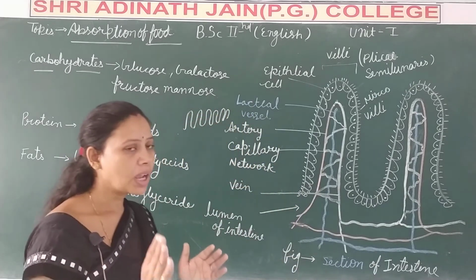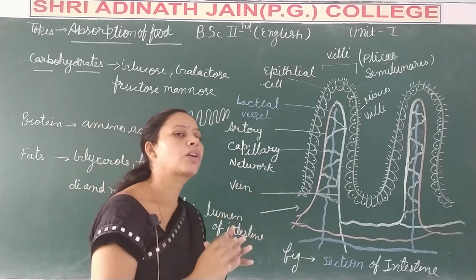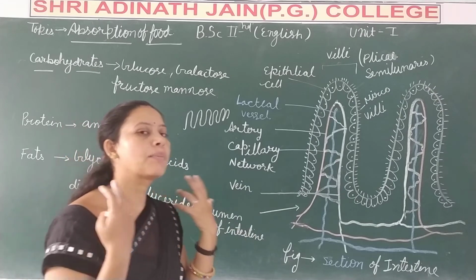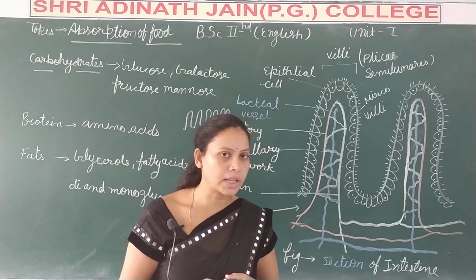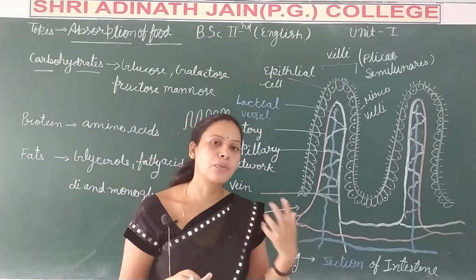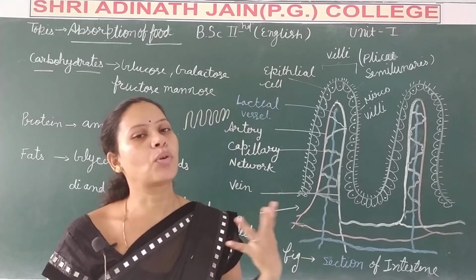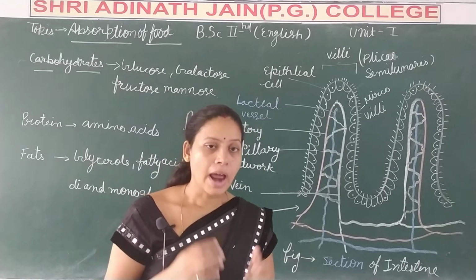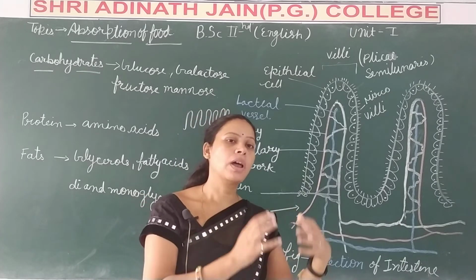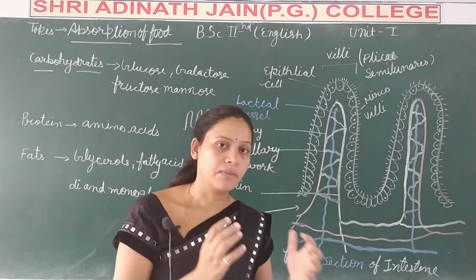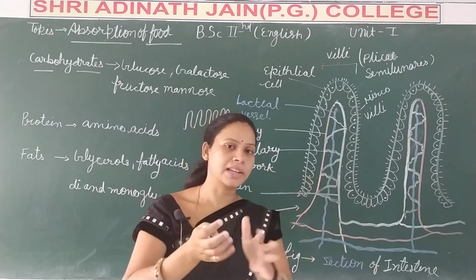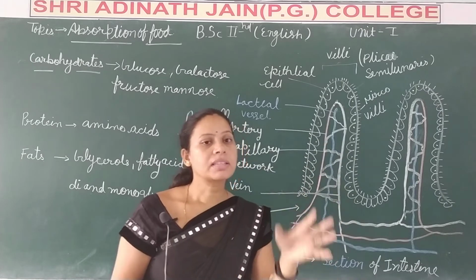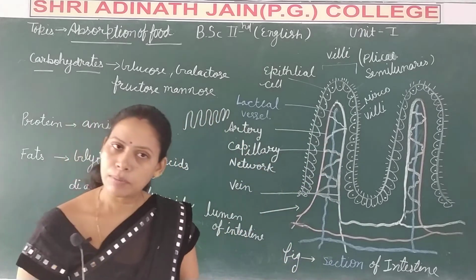Okay, the end products of the food materials. The food is a mixture of complex food material, in which carbohydrate, protein, fats, minerals and water are present in a complex structure. When the food is digested, the complex structure breaks down into small particles.